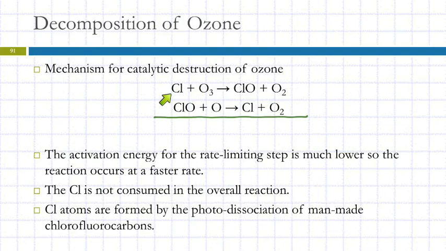What tells me that this is a catalyst and not an intermediate is that it appears as a reactant in the first step. It gets destroyed or used, and then it gets regenerated. That's the opposite of what happens with the intermediate. The intermediate showed up as a product in one of the early reactions and then got used up and doesn't show up in the overall reaction. So this is a catalyst.